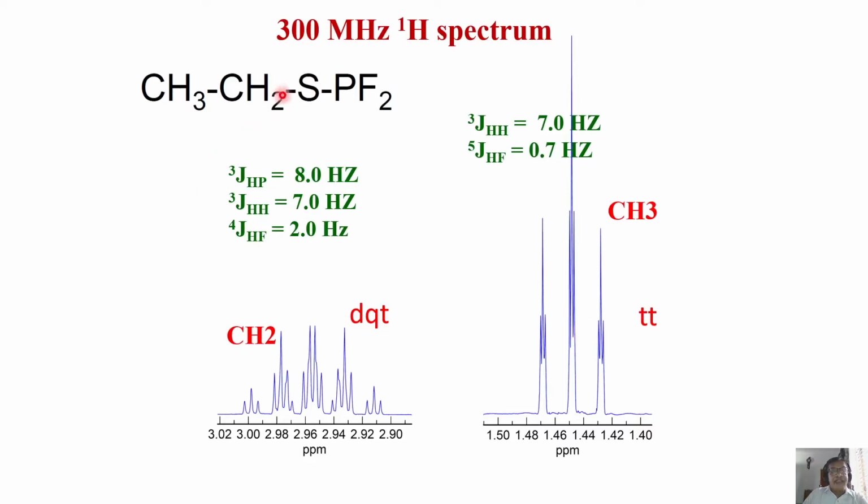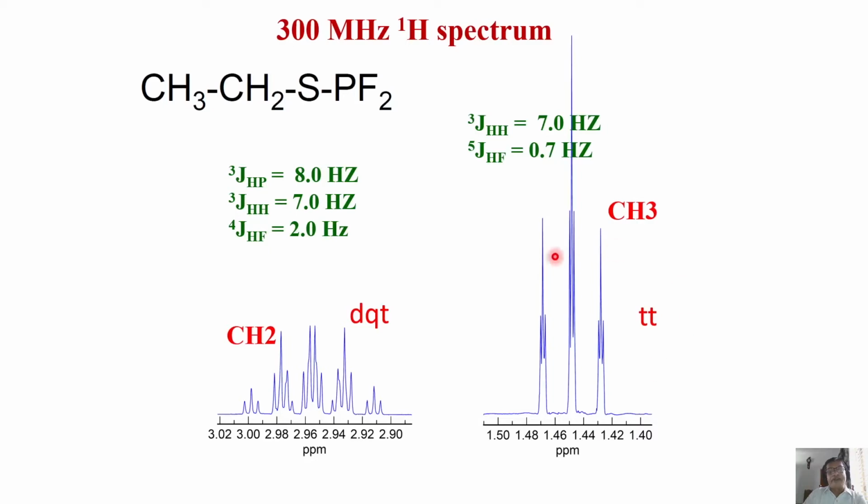Now coming to CH2, it is very interesting. What type of coupling pattern do you expect for CH2? First thing, CH2 can couple to CH3. It's a quartet, very clear. But this can also couple to phosphorus. It is a 1, 2 and 3 bond coupling. It is present. Three bond phosphorus-proton coupling is a reasonably good value, 8 Hertz.